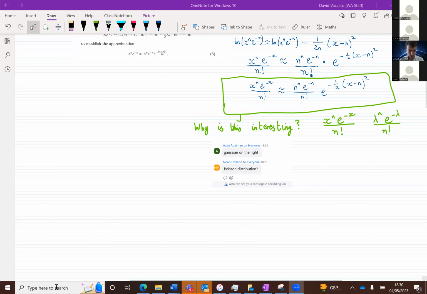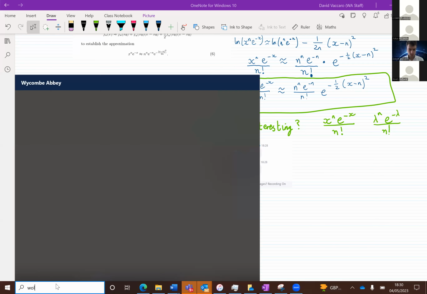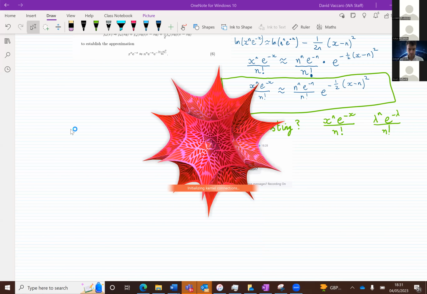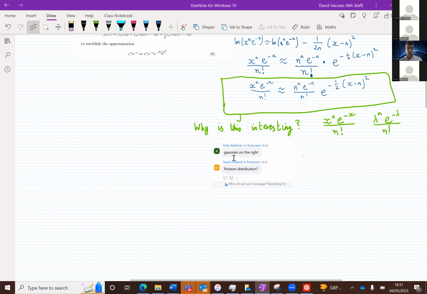Oh, where's Mathematica gone? So what I'm hoping to illustrate graphically is this observation that Aska and Noah have made, that on the left we've got the mass function of a Poisson distribution, and on the right we've got a Gaussian. So let's just see what this means.